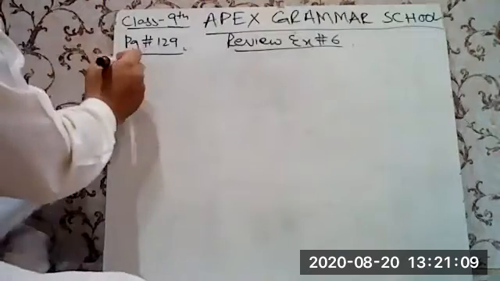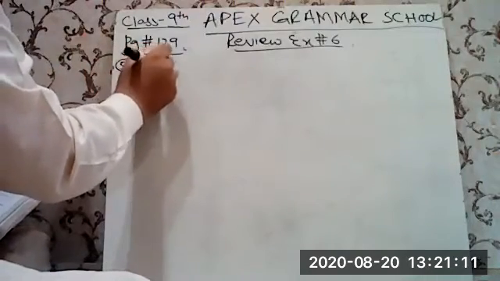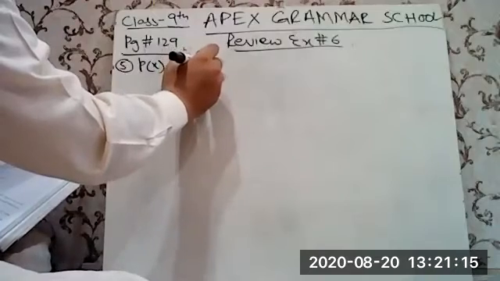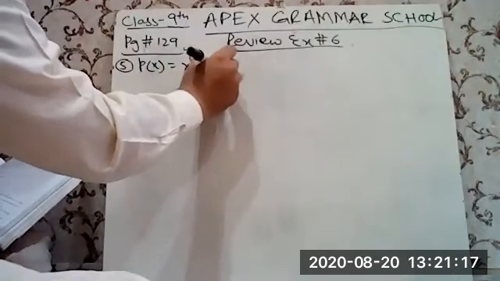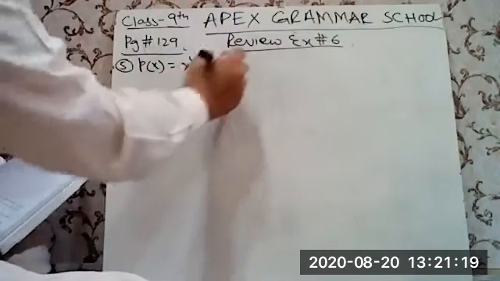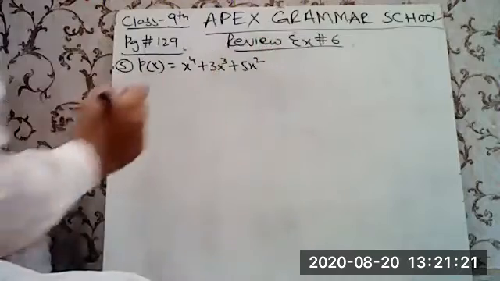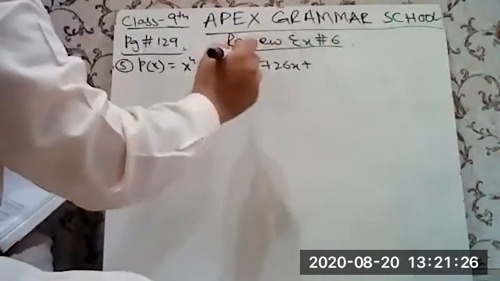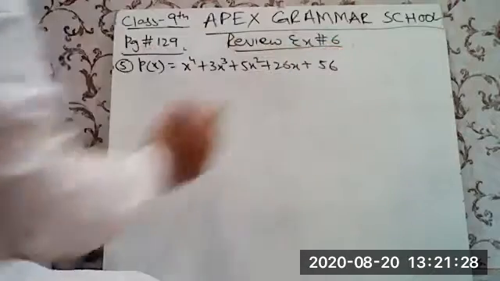Question number 5. The first polynomial is p of x, that is x raised to the power 4 plus 3x cubed plus 5x squared plus 26x plus 56.